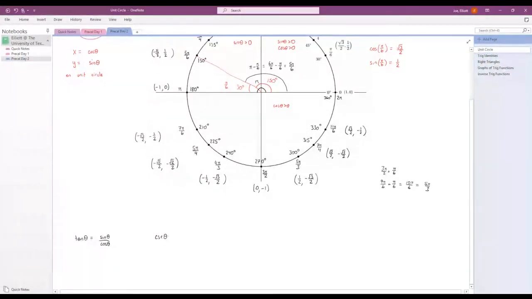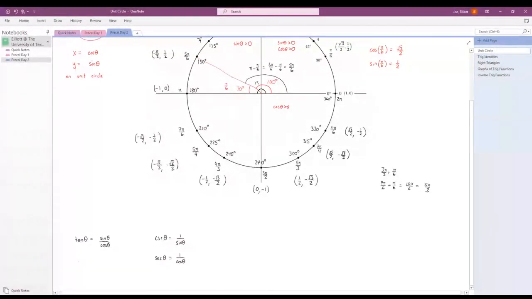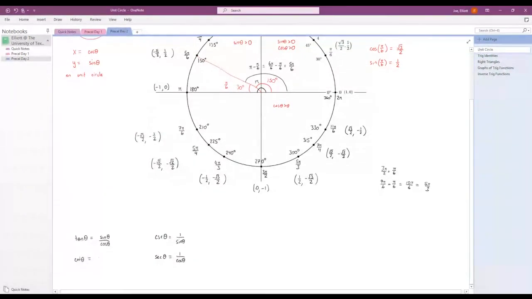The other ones were cosecant, which was just the reciprocal of sine. Secant was the reciprocal of cosine. And then there's also cotangent, which is the reciprocal of tangent.